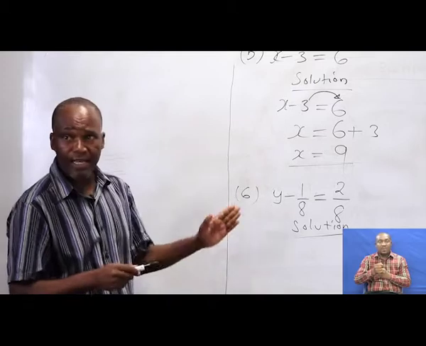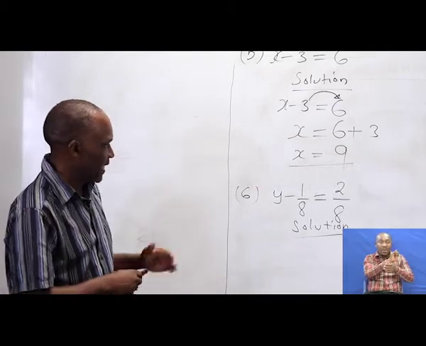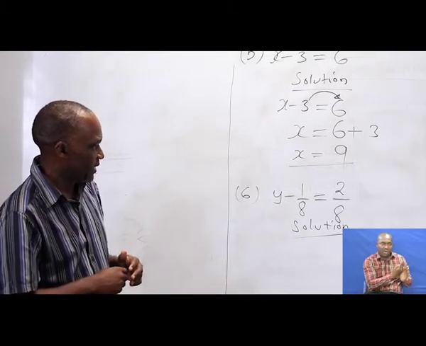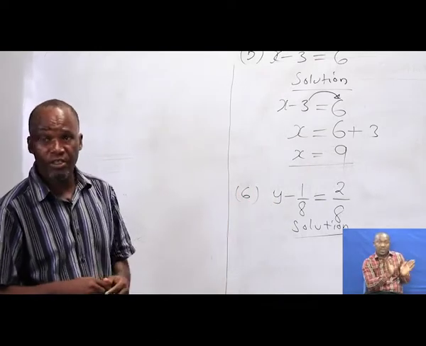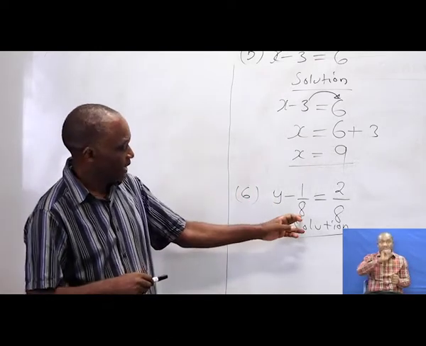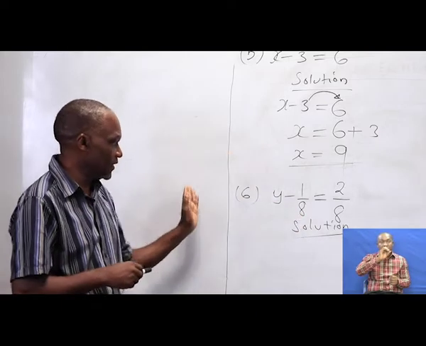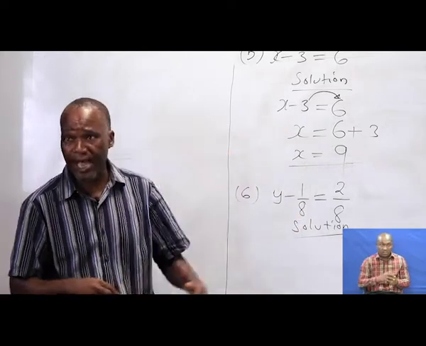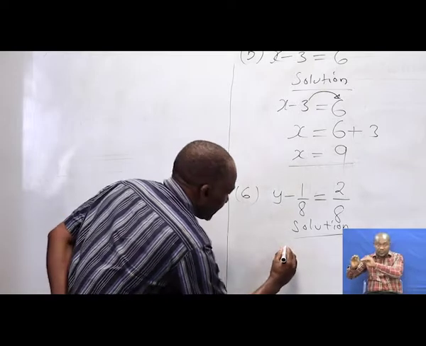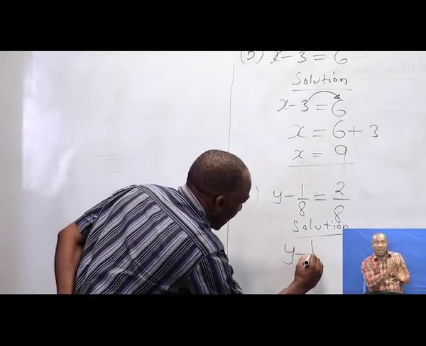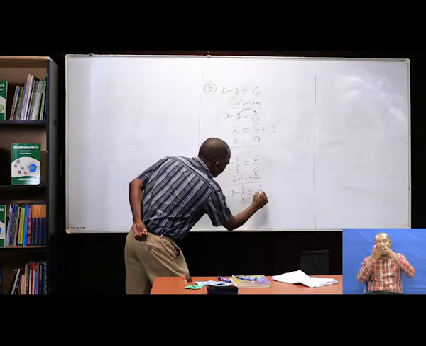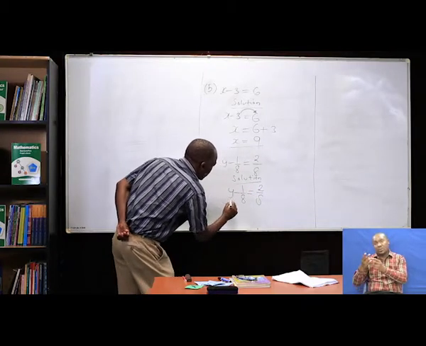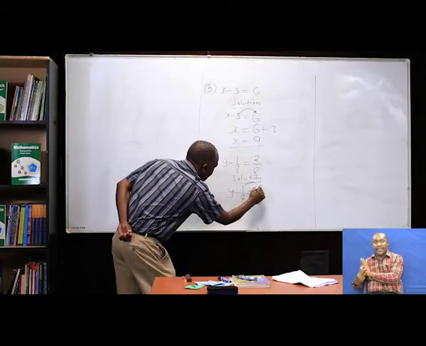Is the variable y isolated? No, it's not isolated. So you need to make it alone. How can you make it alone? You have to shift the numeral, which is on the left-hand side, to the right-hand side. So here, y minus 1/8 is equal to 2/8.